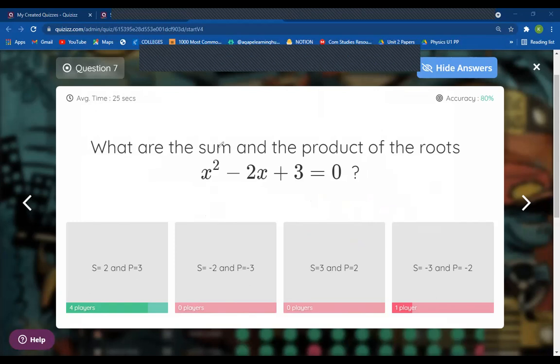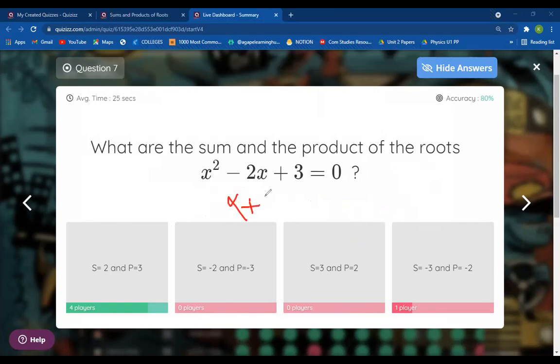So we said the sum of the roots, alpha plus beta, is equal to minus b on a. In this case, that's minus minus 2 on a, which is 1. So that's why the sum is 2.